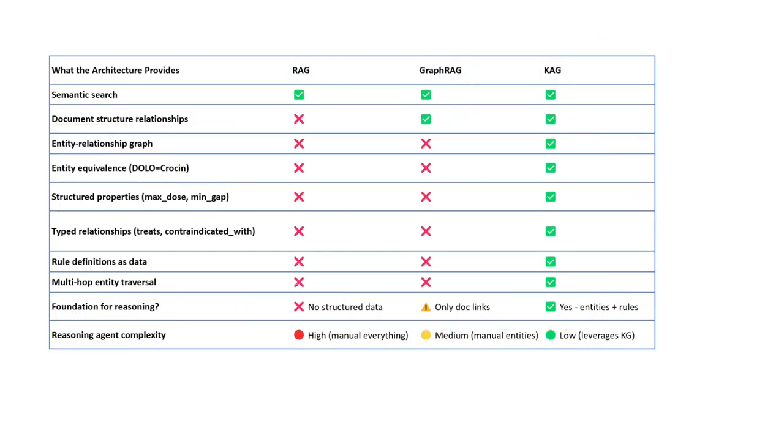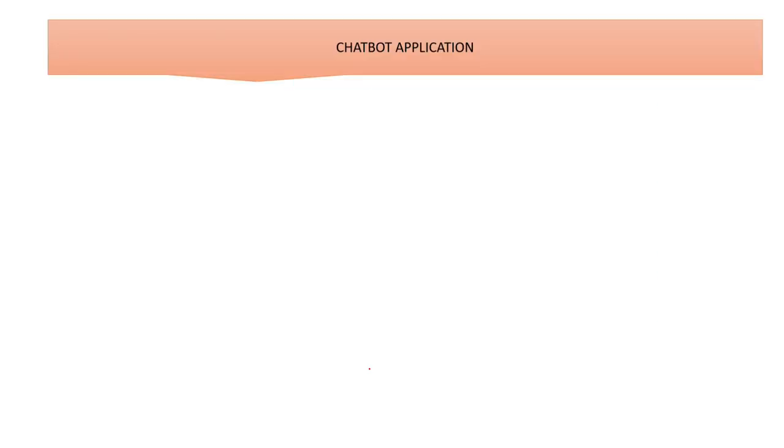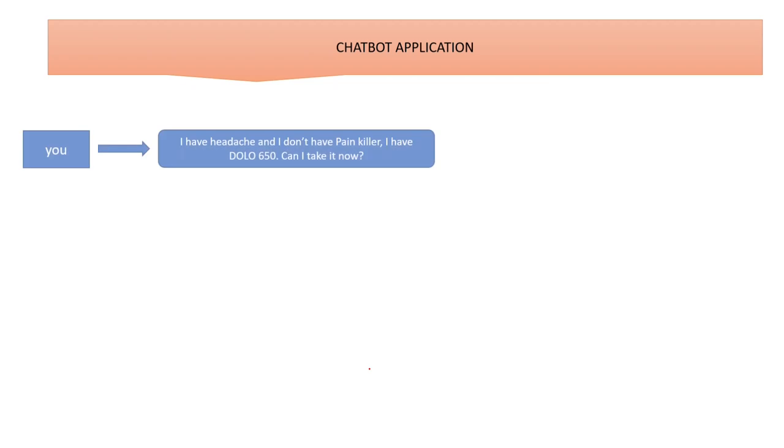Now consider you have built RAG, GraphRAG and KAG, or a hybrid approach, and based on that you have built your chatbot application. As a user, you ask: I have a headache, I don't have a painkiller, I have a Dolo 650, can I take it for now?